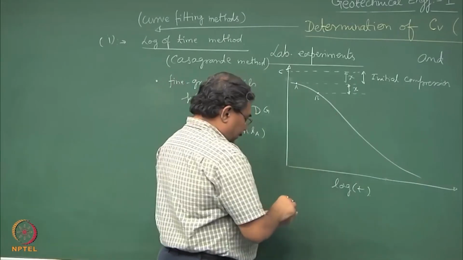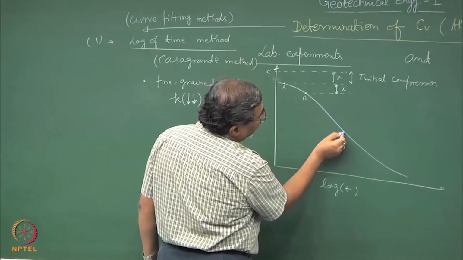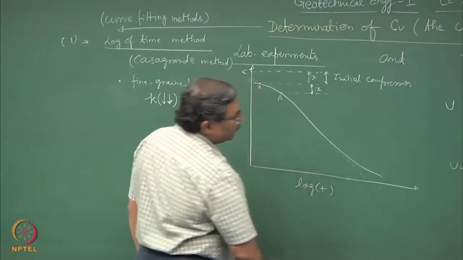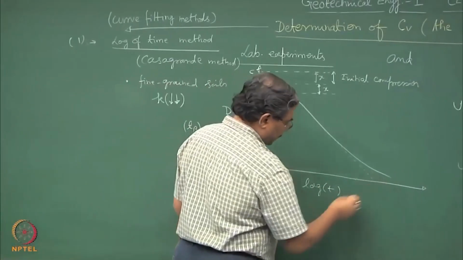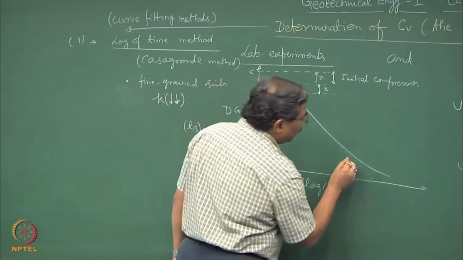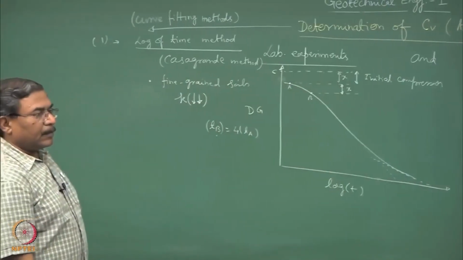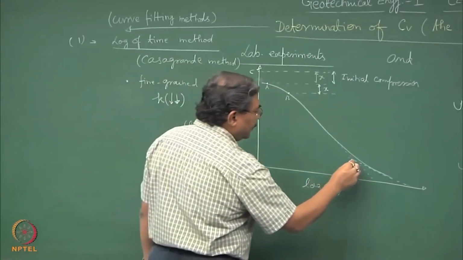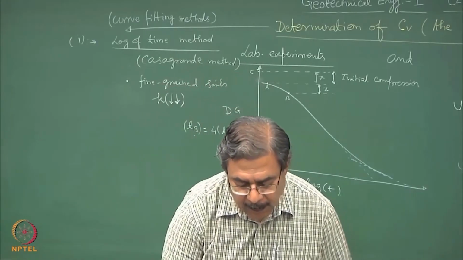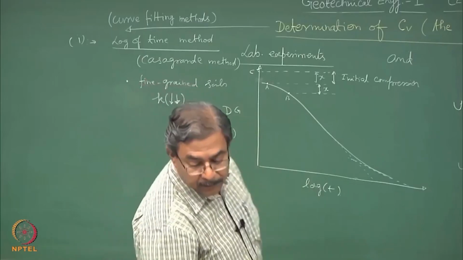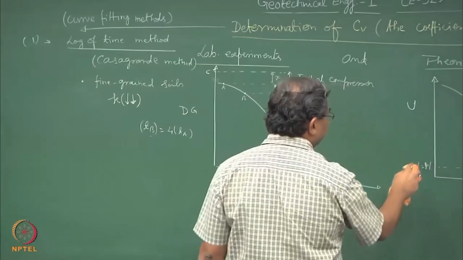If I extend the linear portion of the graph, and the tail of the graph which I have got, if I draw a tangent over here, this gives, I am sorry, this should be 100% here.